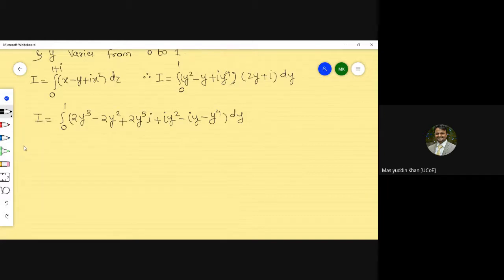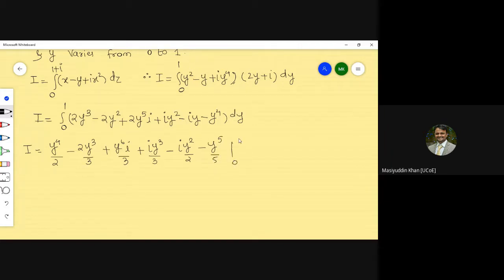So I is equal to, y raised to power 4 by 2, because 2 by 4 becomes, minus 2y cube by 3 plus 2, we can just cancel directly here. So y raised to 6 i by 3 plus i y raised to 3 by 3 minus i y square by 2 minus y raised to power 5 by 5.